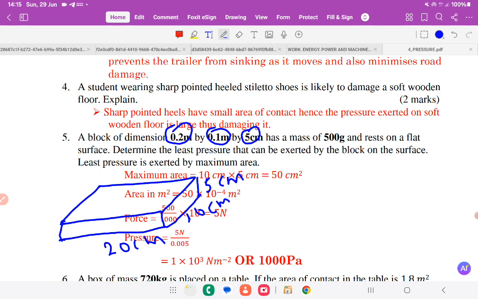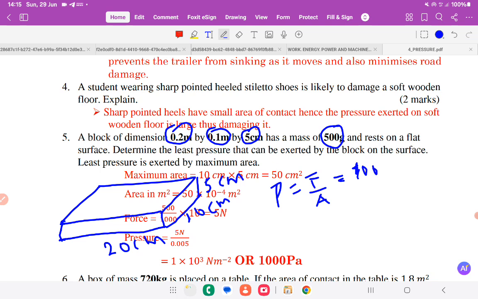Okay, remember, pressure is force divided by area. So the force here, you simply have to change to newtons. 1 newton is 100 grams.